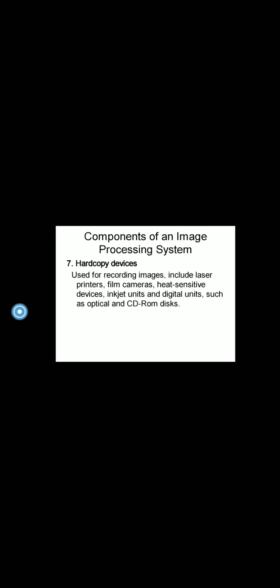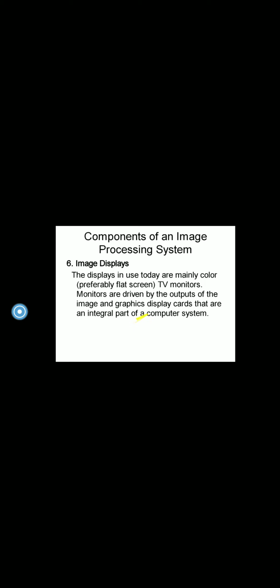Next we are going to talk about the hard copying devices. They are mainly meant for recording the images, so for that, taking the printout. And for that we usually use laser printers, inkjet units, film cameras, heat sensitive devices. And also we use digital units such as optical or CD-ROM disk. This is what we have talked about the hard copying devices.